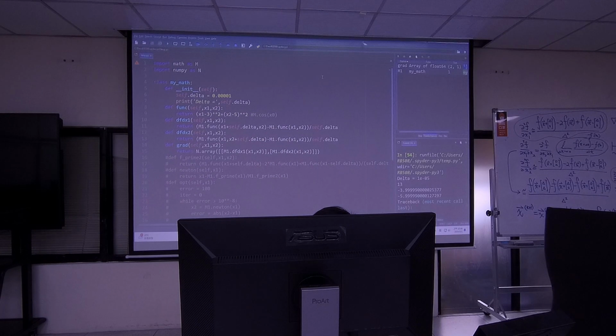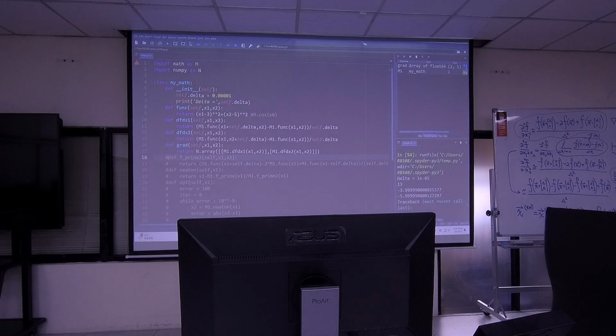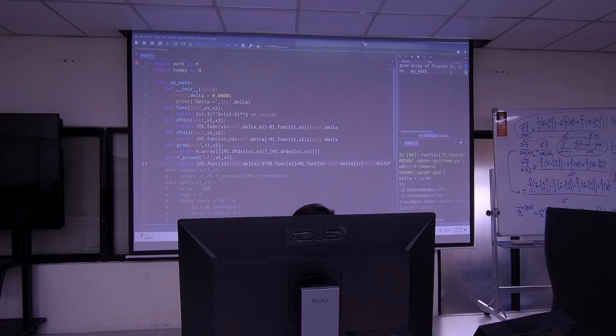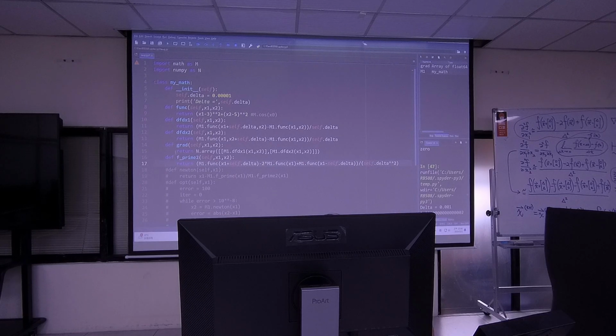Now I need a second order derivative. So I'm going to open this. It's a very complex matrix. So it's going to be df dx. I'm gonna call this 1 1. Okay.